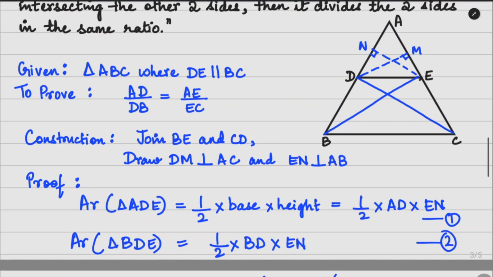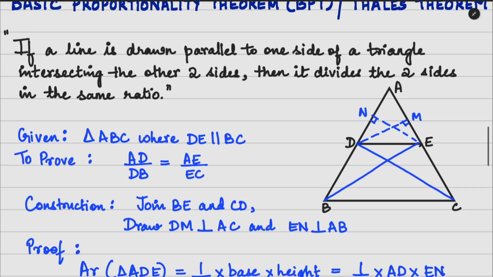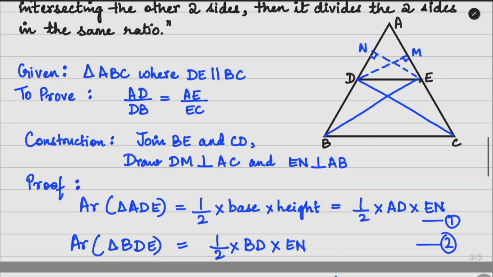Okay. Let me tell you once again. If you're asked to prove basic proportionality theorem or Thales theorem, first of all, you have to write the statement. If a line is drawn parallel to one side of a triangle intersecting the other two sides, then it divides the two sides in the same ratio.